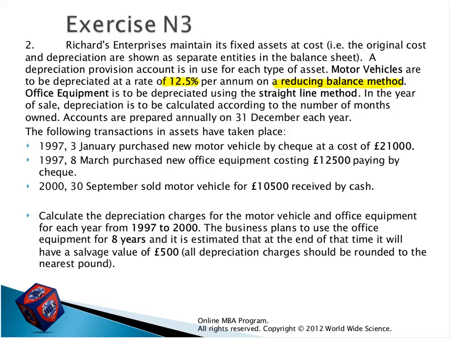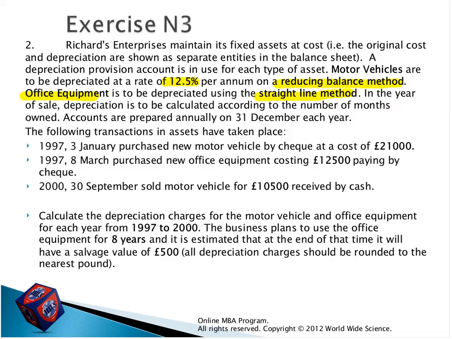But the office equipment is to be depreciated using the straight line method. In the year of the sale, depreciation is to be calculated according to the number of months owned. And the accounts are prepared annually on the 31st of December each year, so the company prepares its statements yearly, at the end of December.